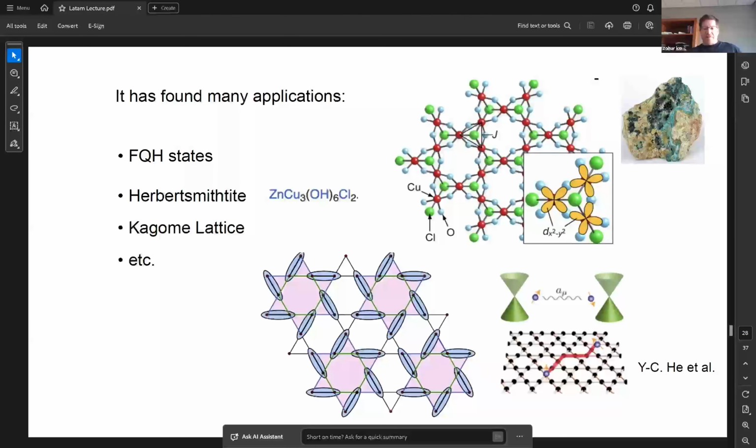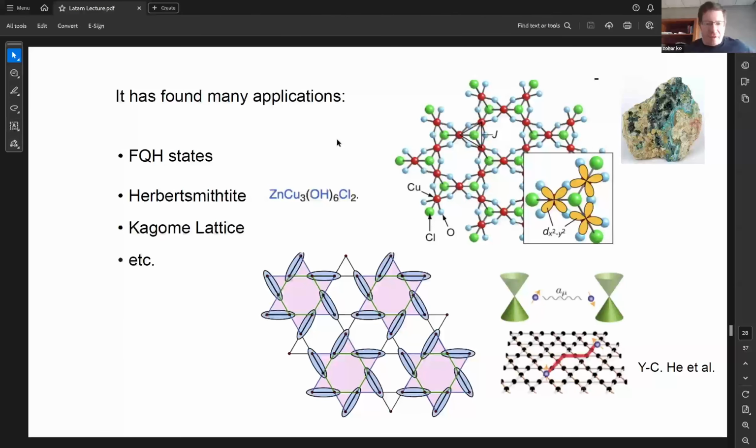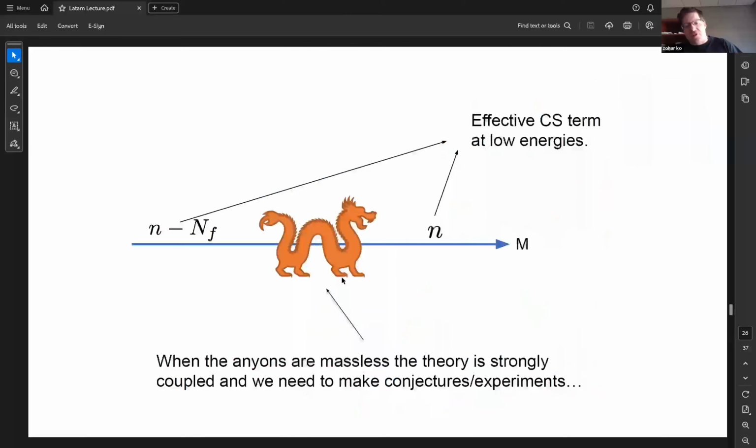An amazing discovery from the last couple of years is that in addition to the quantum Hall states, which realize topological order and may have interesting phase transitions between different topological orders, there are actually crystals in nature. There are some crystals in nature that seem to also be described by that Lagrangian that I gave you, and they're lying somewhere in the region where there are dragons.